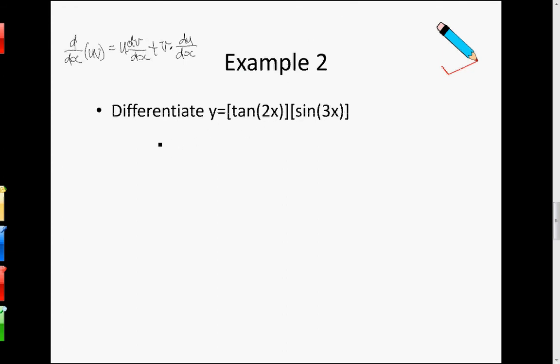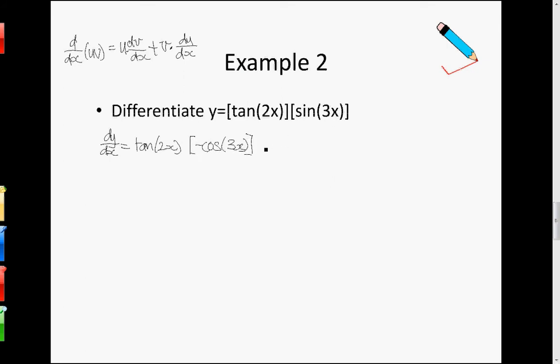Okay, so finding dy dx over here would just say that we keep the tangent 2x, then we differentiate the sine 3x, which will then give us negative cosine 3x times 3, because I have to differentiate the variable inside the cosine as well.